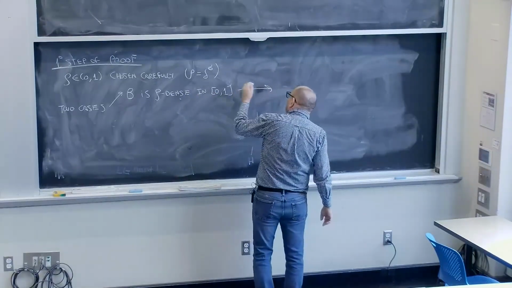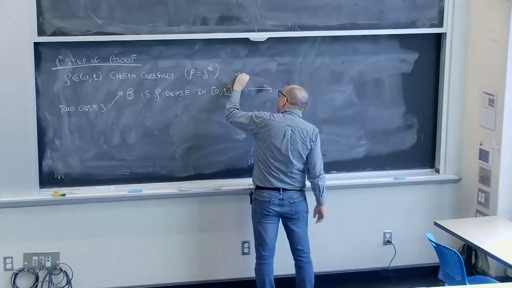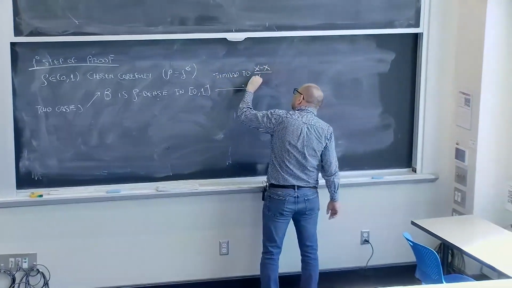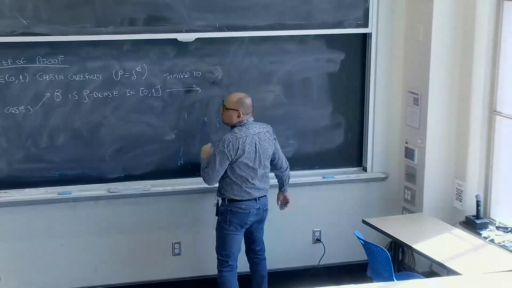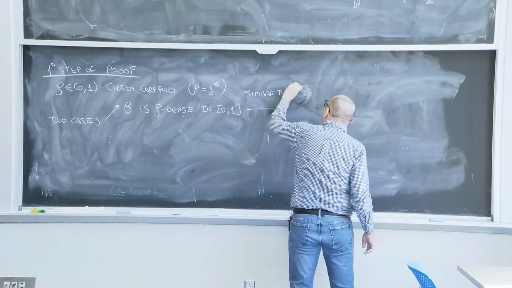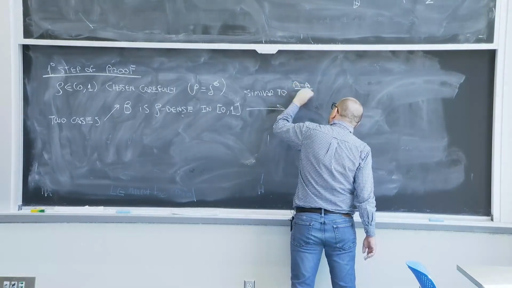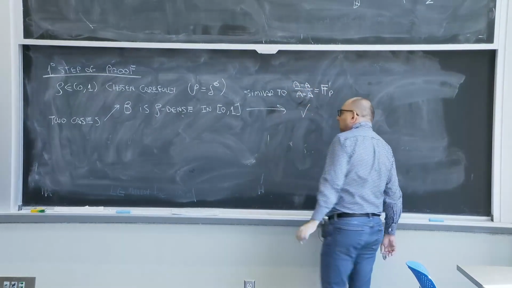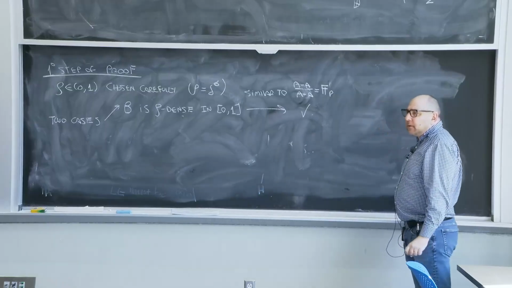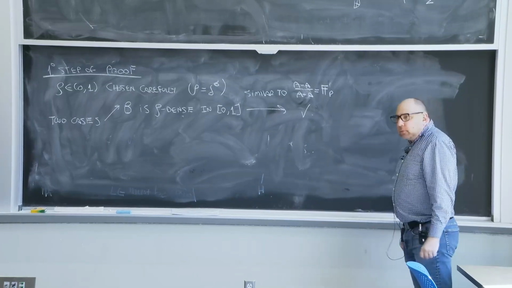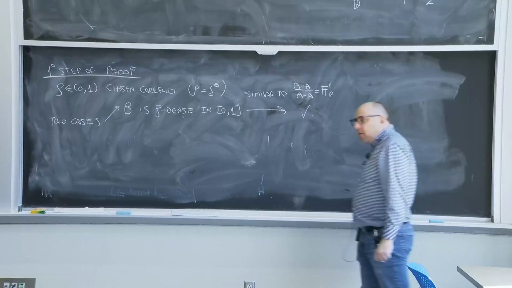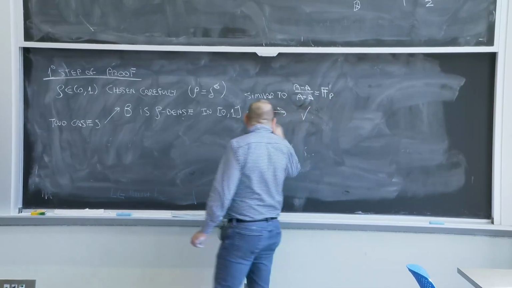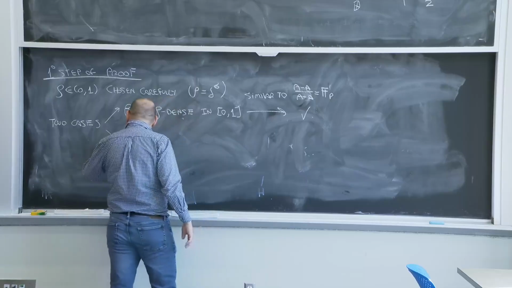OK, and here we use an argument which is similar to the case A minus A over A minus A equals F_p to get growth, which I'm not going to show. This is the sort of easier case. I guess here it was also the easier case.